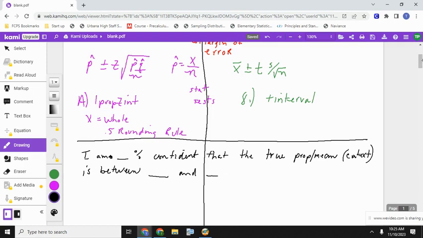They're going to be percents if they're proportions, or whatever the units are if it's a mean. Okay, so that's a confidence interval.